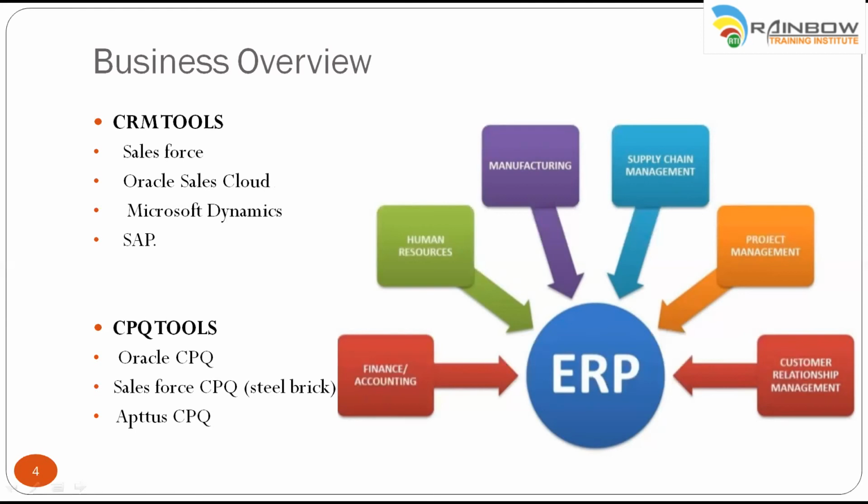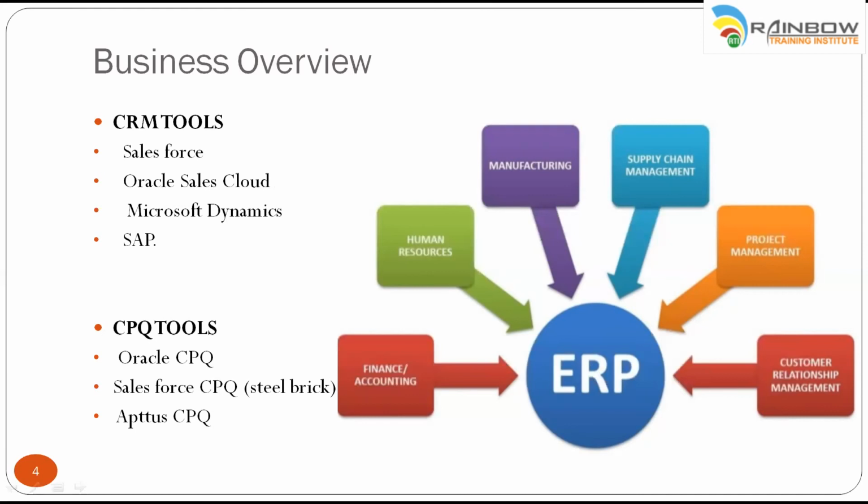The ultimate end user of the CPQ tool is the sales representative. Who are the sales representatives? In any business or organization, a group of people who market their products and contact the customers are considered sales representatives. The sales representative will contact the particular customer and sell their products using this CPQ tool.